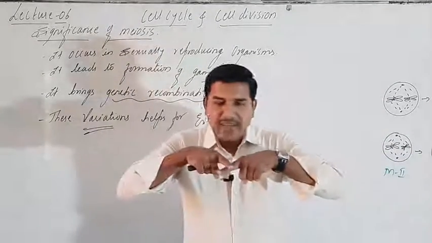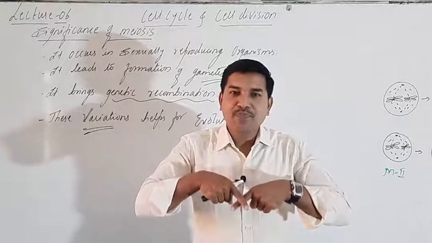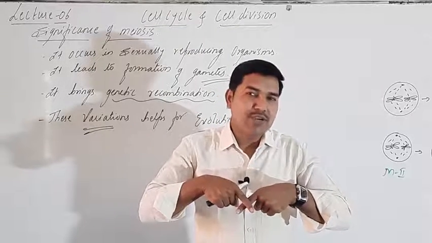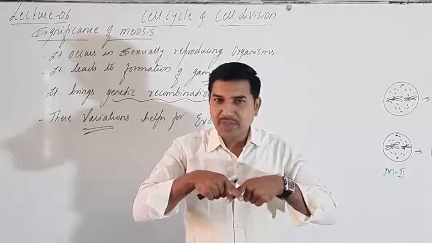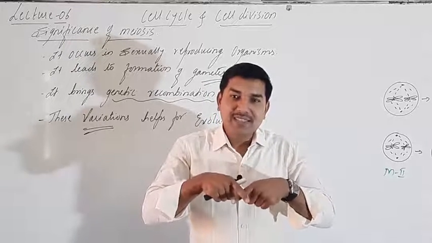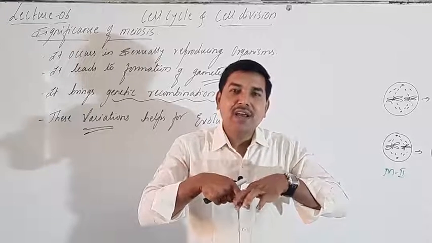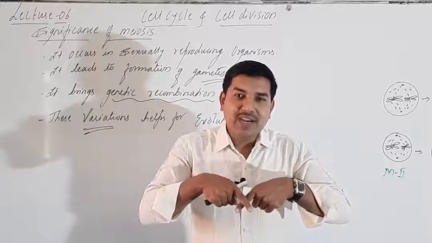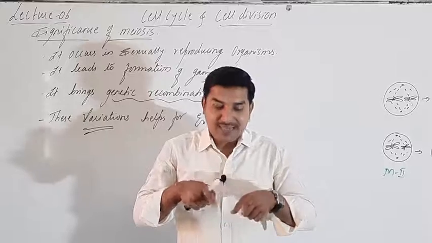Genetic recombination happens by overlapping of the non-sister chromatids, which you have already studied in the third stage, pachytene stage. This is called recombination or crossing over. Recombination is nothing but a genetic exchange of the material, genetic exchange of the DNA. So we call it gene recombination.